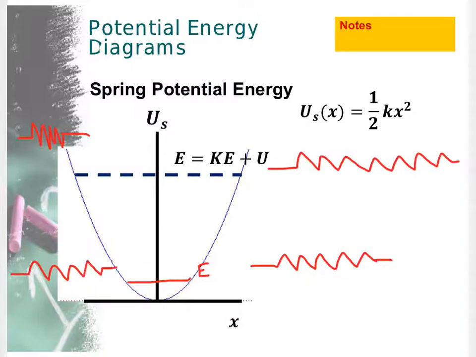And if we were to take all of the energy out of the system, then it is going to rest at a point x equals 0. That's where the spring is neither compressed nor stretched.